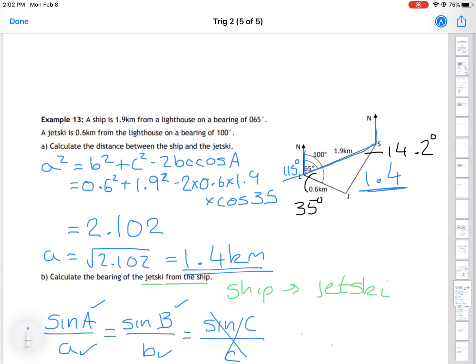Now if we've got an F shape, then both angles contained within the F, the 115, have to be the same as 115 up there.